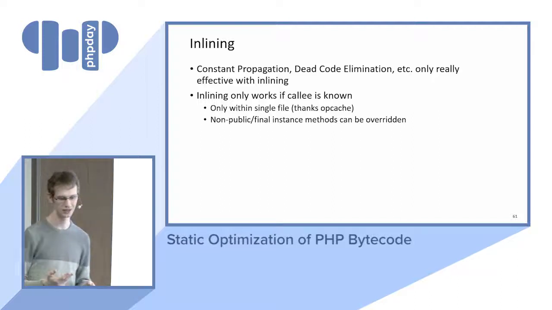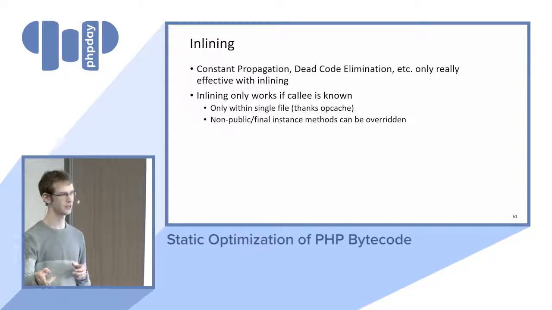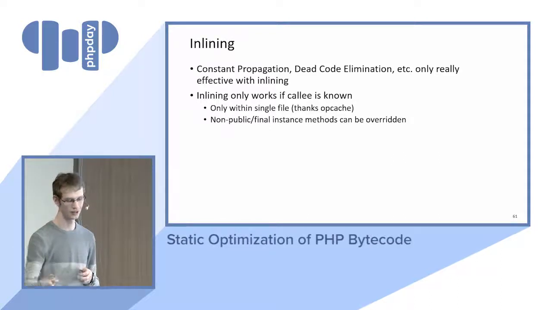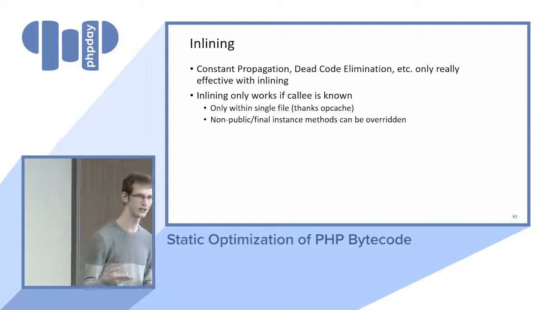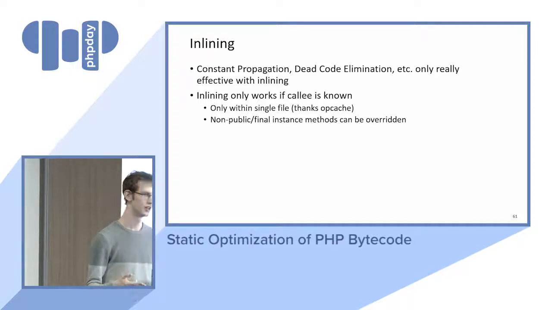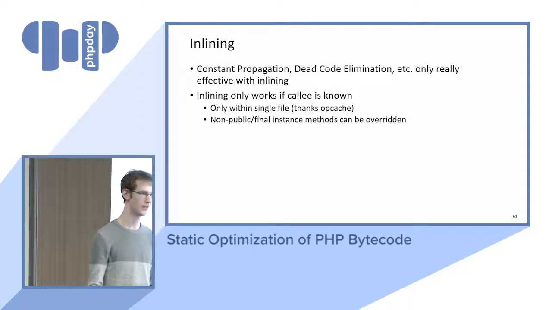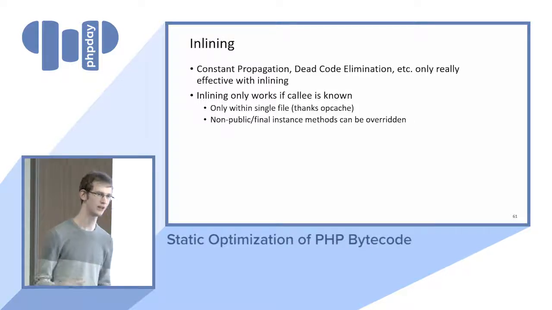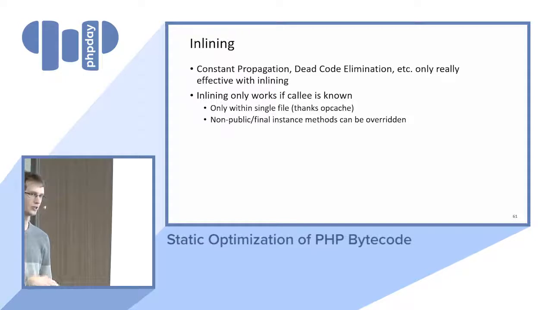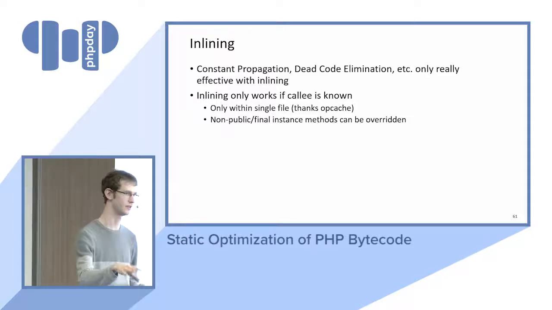Then the second issue is that if you have an instance method call, a child class could override it. If it's final or private, then we know exactly what is being called. But if it's not private or final, then a child class can override it, and what ends up being called may not be the same method that's defined in the current class.